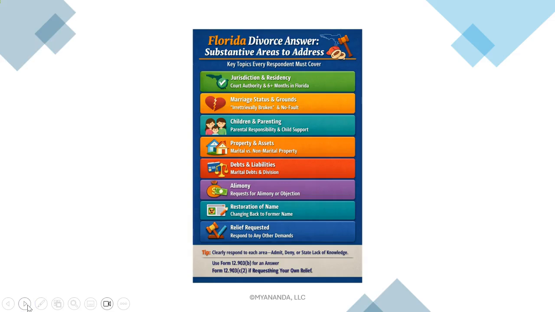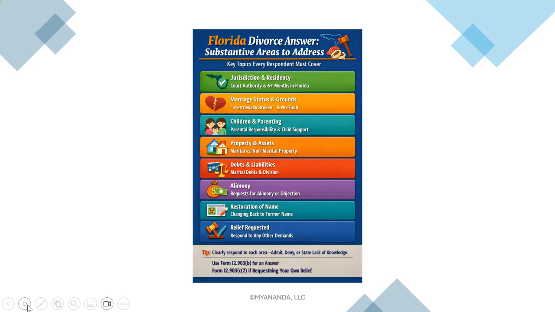All right. Now, the other thing, realize when an answer is being prepared, we're also learning about the case, what's involved in it. Again, children, finances, property, debt, that sort of thing. We're learning some basics of that from the petition for dissolution.